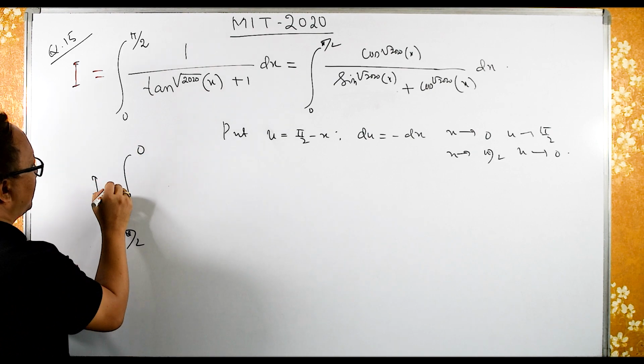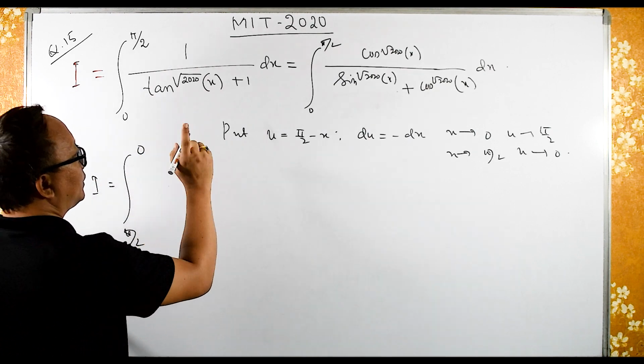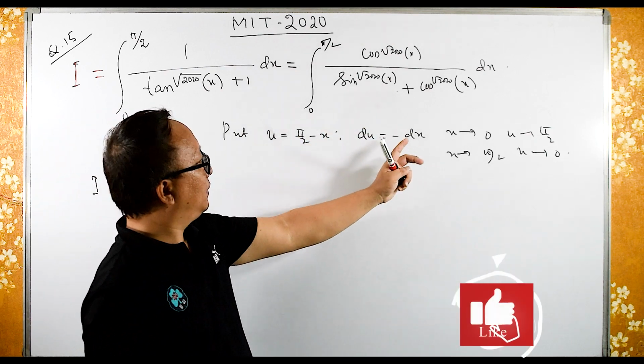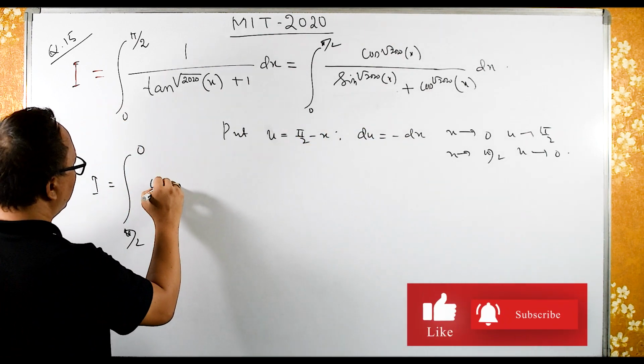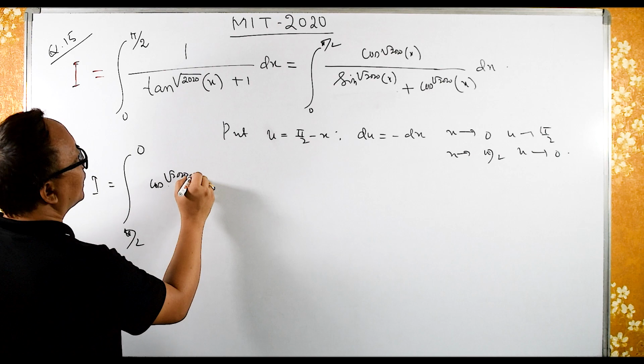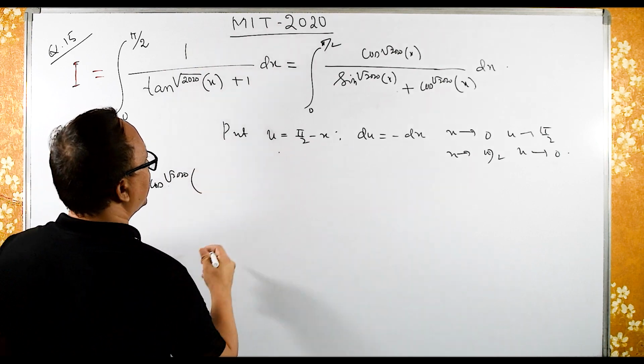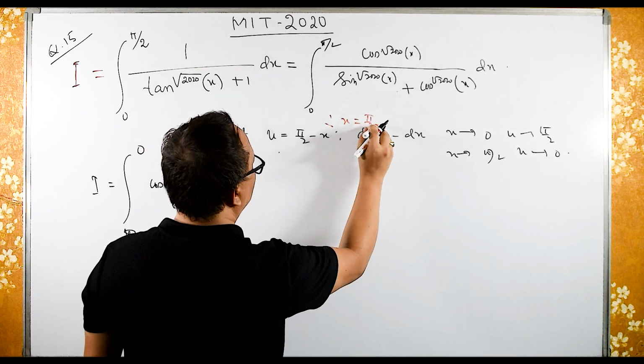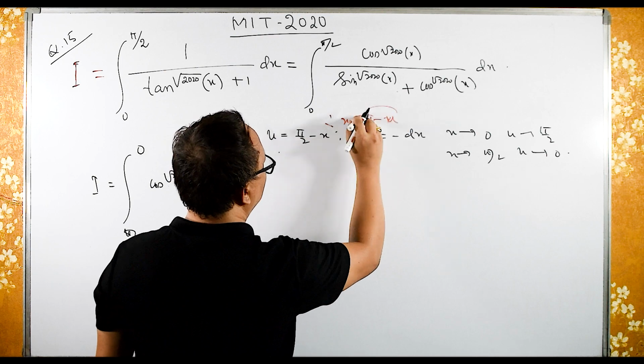We have I, and this is cos of square root of 2020. Instead of x, we have to write pi by 2 minus u.